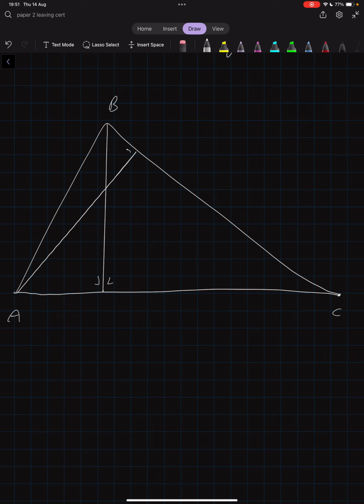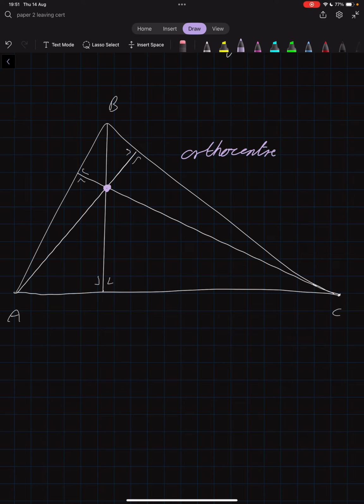I'll do the one at A as well. Which is this one. And again, just for clarity, if we did decide to do this one, it would also be here. Okay? So this then is your orthocenter. Okay?